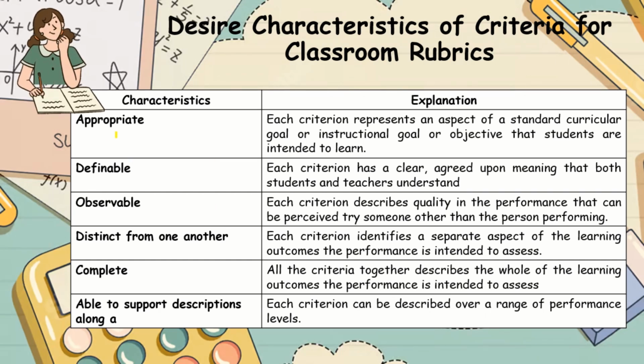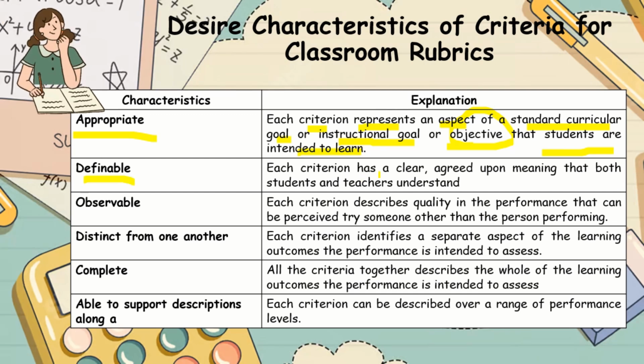So we have here the 1, 2, 3, 4, 5, 6, 7 characteristics. So when we say appropriate, each criterion represents aspects of the standard, curricular goal, or instructional goal or objective that the students are intended to learn. So it must be appropriate to your subject matter versus to your rubrics. So definable.